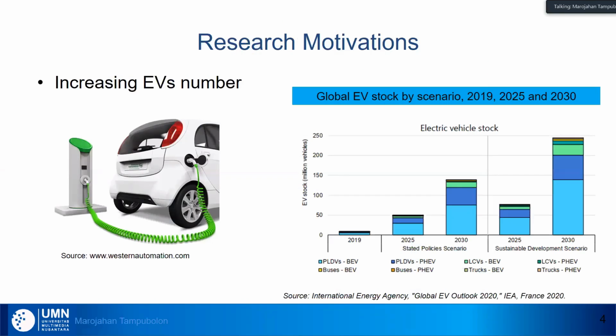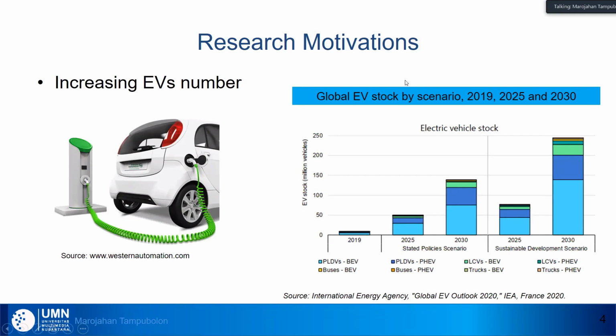So let's start from the research motivations. As we all know, one of the important things in this world is climate change. And we understand that the cause of climate change is the greenhouse effect.